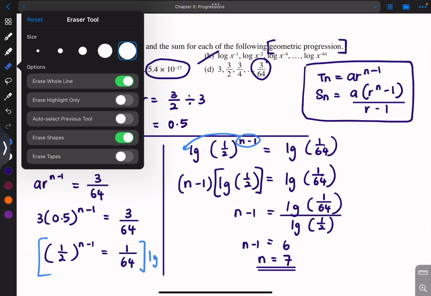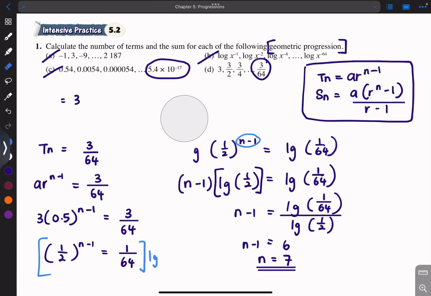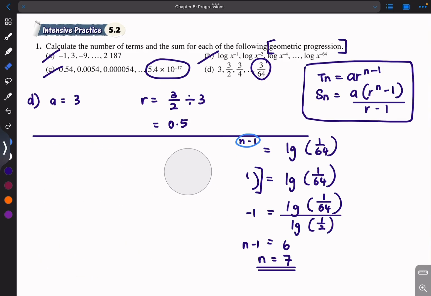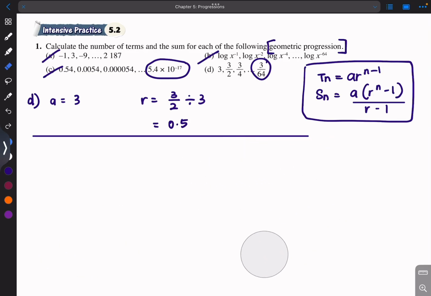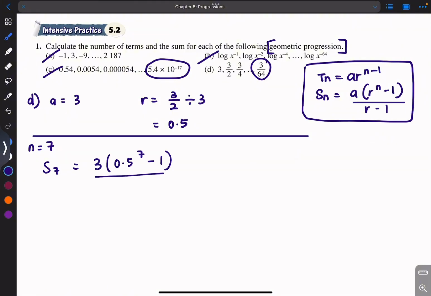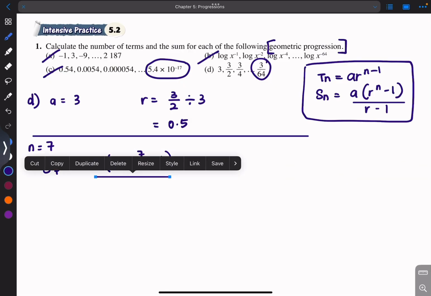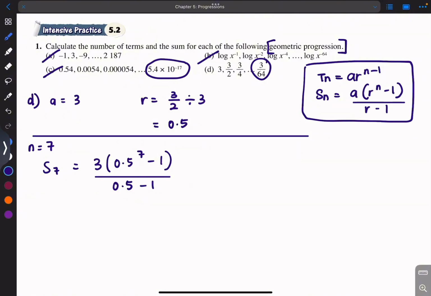Alright, so we have n is 7. Oops, I erased the wrong thing. Okay, now we need to find Sn. S7. So S7 would be, 7, so here will be 7. So A(r^7 minus 1) over 0.5 minus 1.